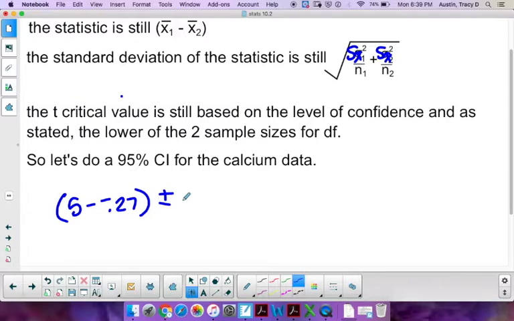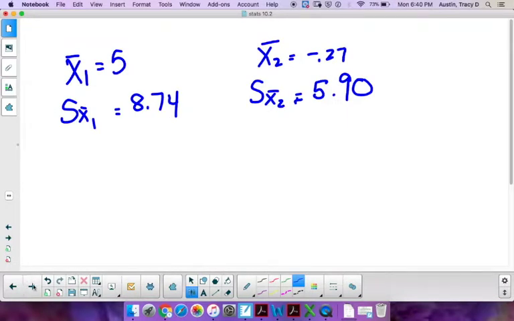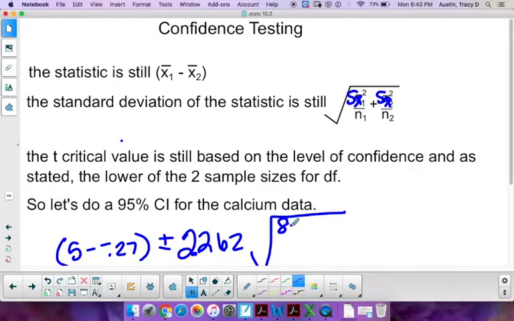I'm getting 2.262 times the square root of 8.74 squared over 10 plus 5.90 over 11. I already know what I got for the standard deviation because I saw that already, and that was about 3.29.